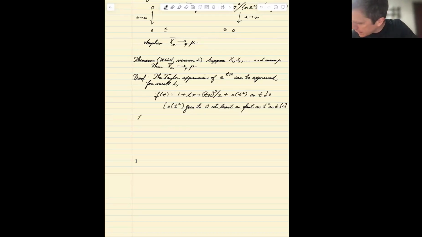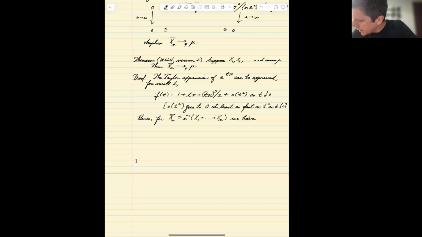So then for this case, what can we say? For the sample mean, written in this way, what do we have?